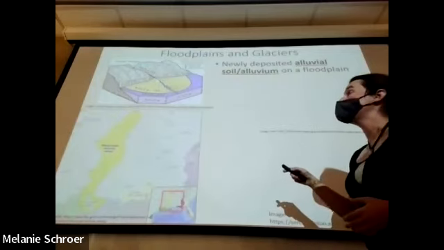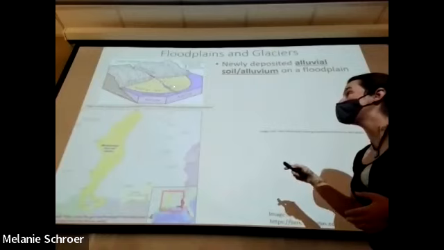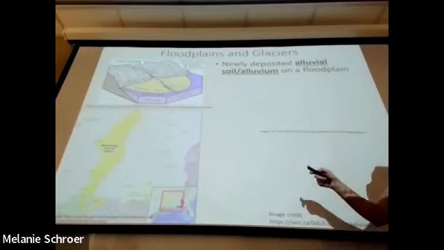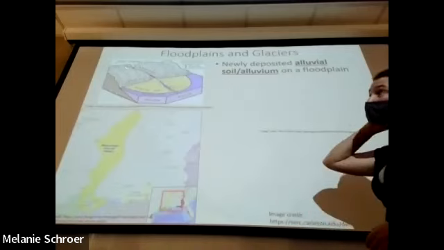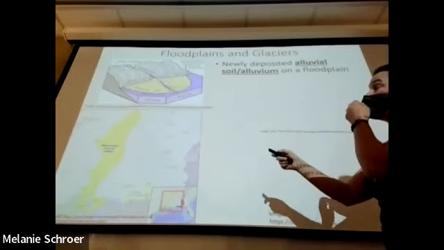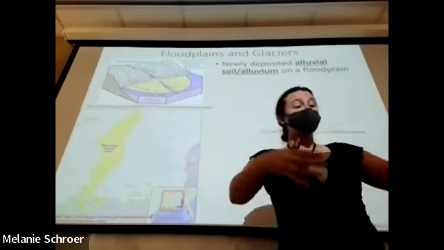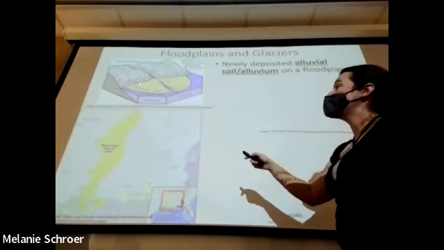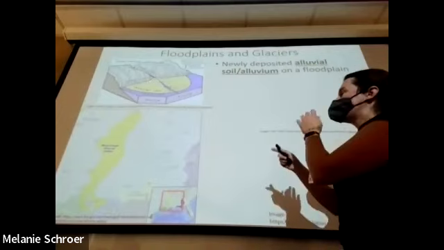When the river enters into the floodplain or into this larger open area, essentially all of that parent material precipitates out of the water and is deposited in a couple different types of structures, but this one is pretty common.